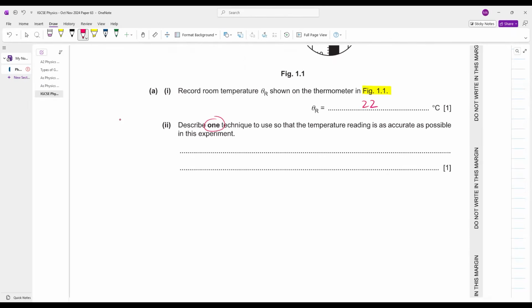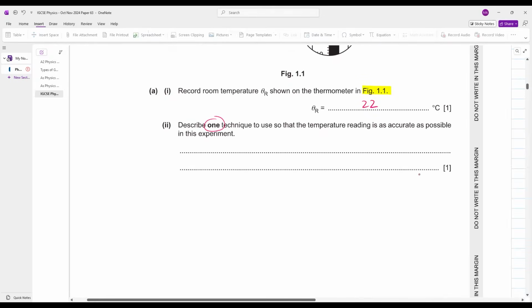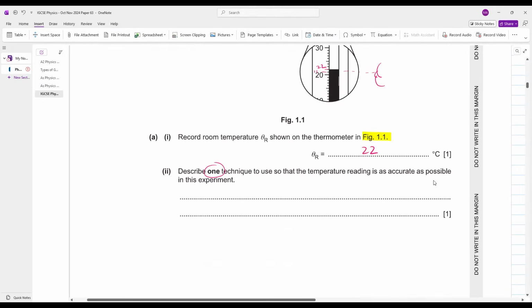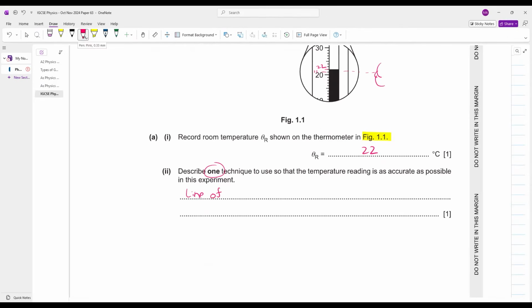Describe one technique to use so that the temperature reading is as accurate as possible in this experiment. Which technique should we use so that the temperature reading is as accurate as possible? What will you say? The line of sight must be perpendicular to the reading to avoid parallax errors. Let's use black.